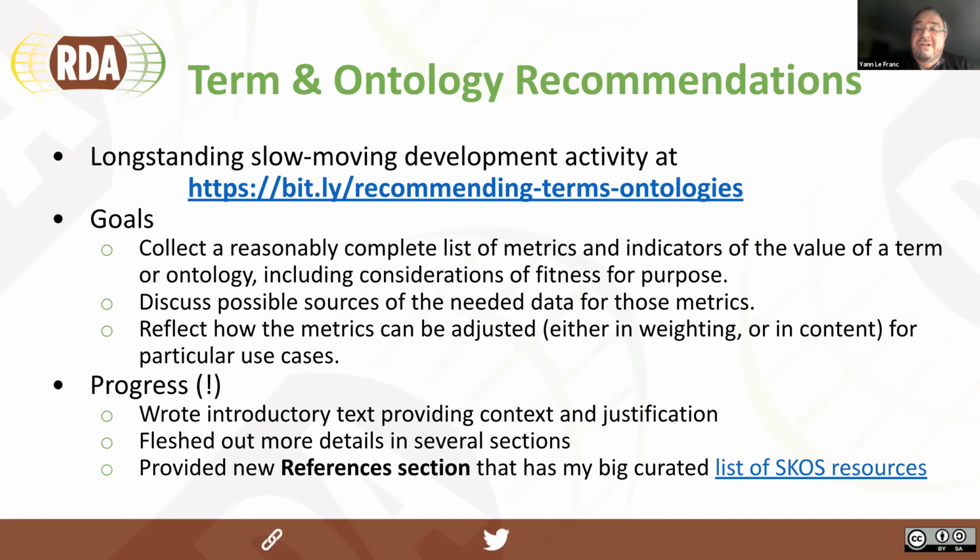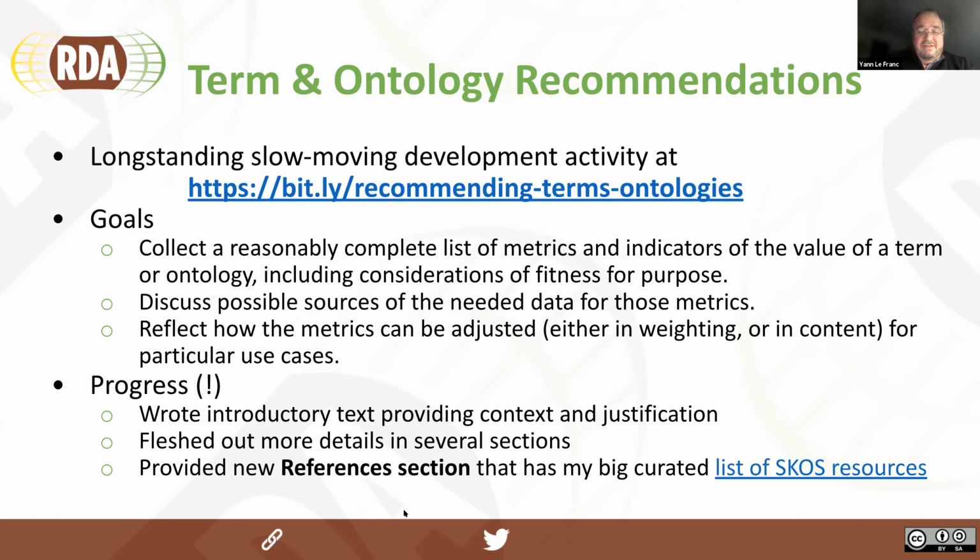And of course, I want to encourage you, if you're interested in these particular topics, to get in touch with John and to help him out, adding more to this very interesting topic, right? Which is the one that you hear from all the scientists. It's nice to have an ontology, but which one should I use? And if it doesn't fit, which alternative do I have, and so on.